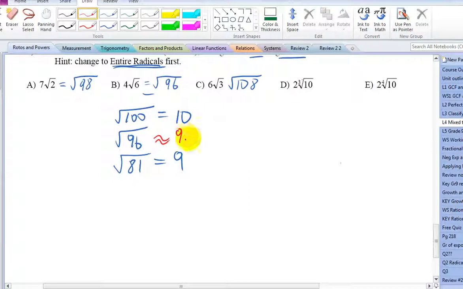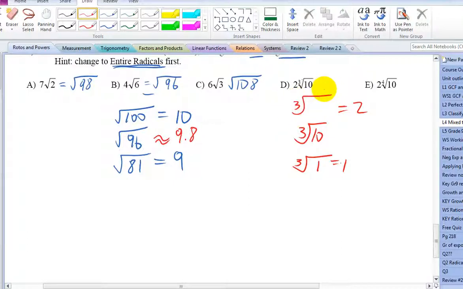But what about the other one? What about the cube root of 10? Well, what's a perfect cube below 10? 1 times 1 times 1 equals 1. So if this was 2, what would this number then be? 2 times 2 times 2, 8. Is that going to work out?